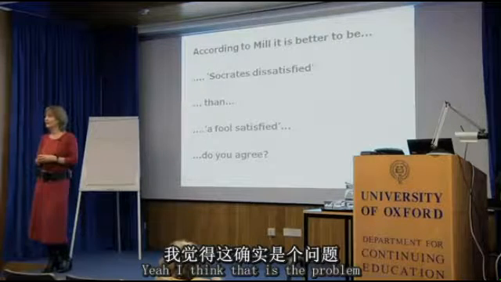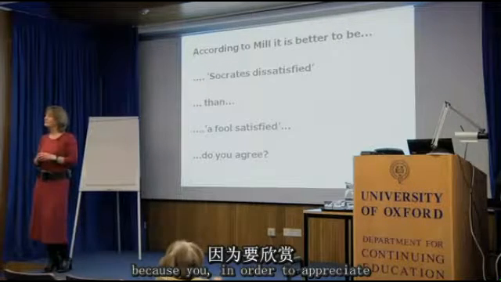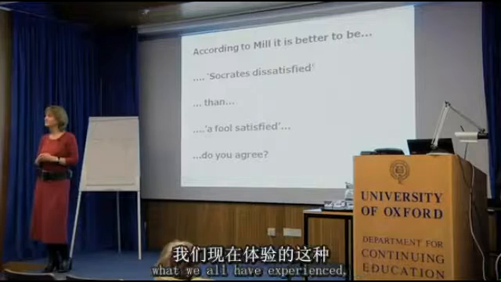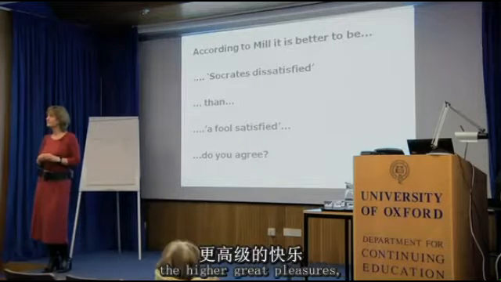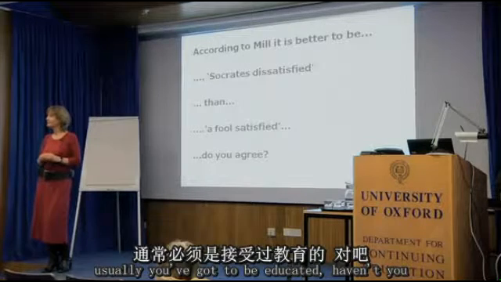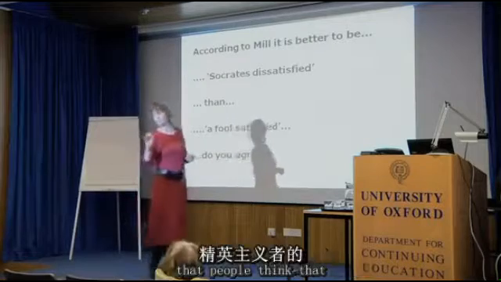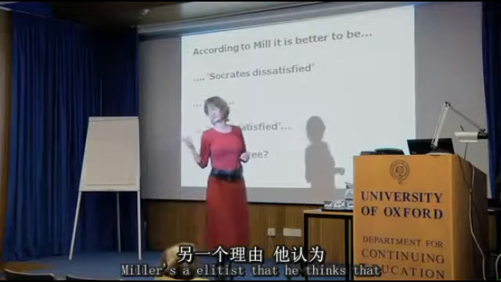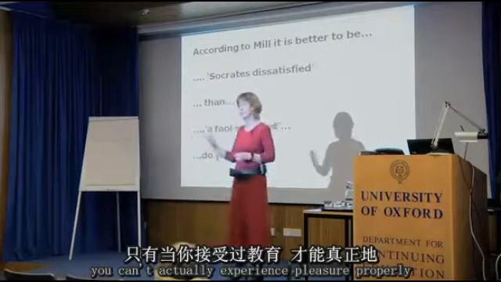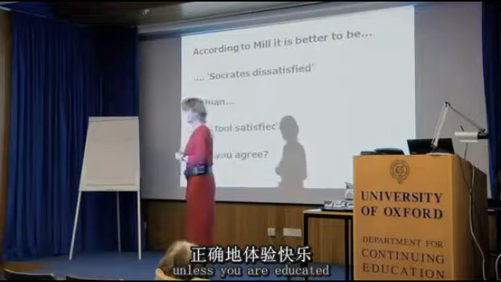Yeah, I think that is the problem, because in order to appreciate or have experienced the higher grade pleasures, usually you've got to be educated, haven't you? Yes, well, that's another reason that people think that Mill is an elitist. He thinks that you can't actually experience pleasure properly unless you're educated.